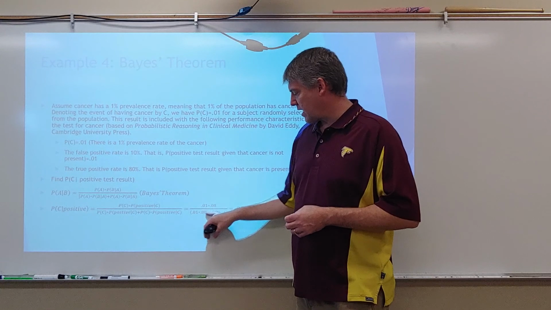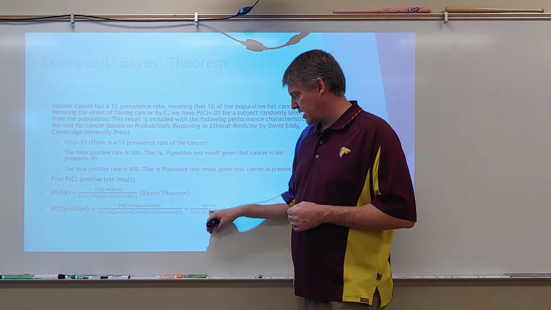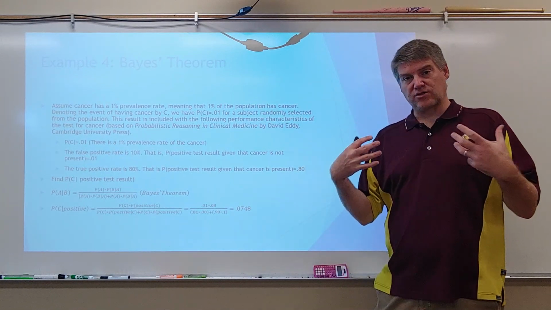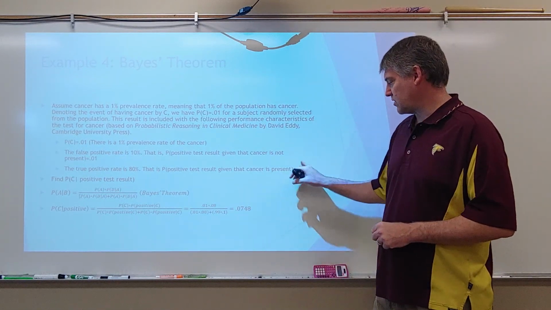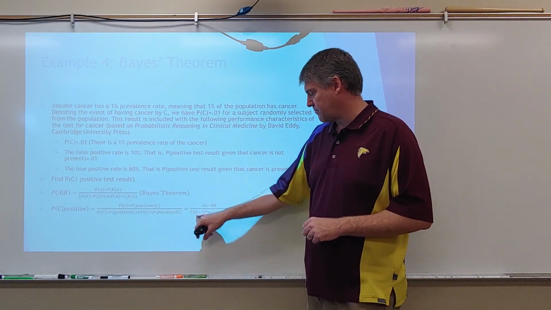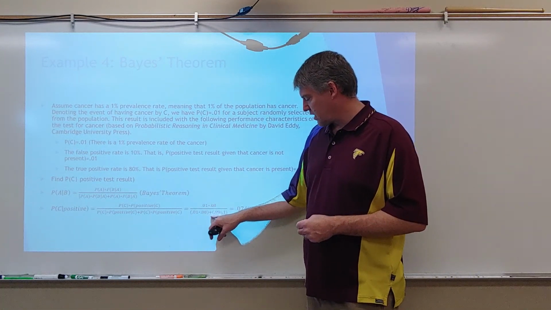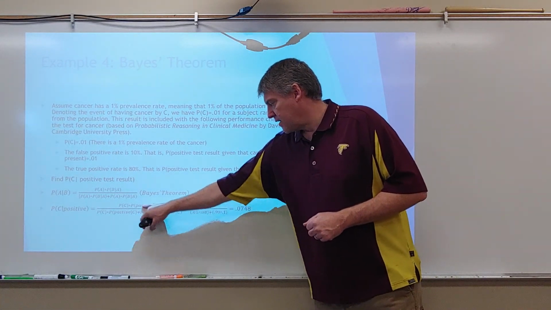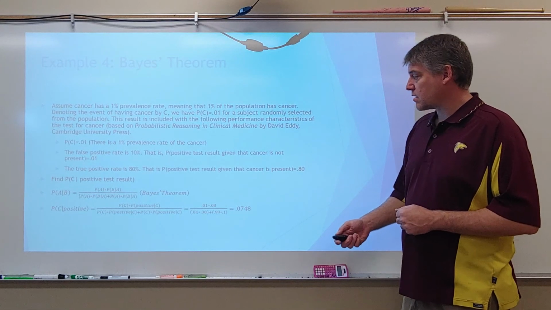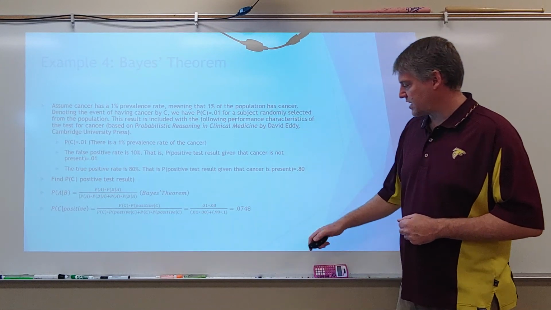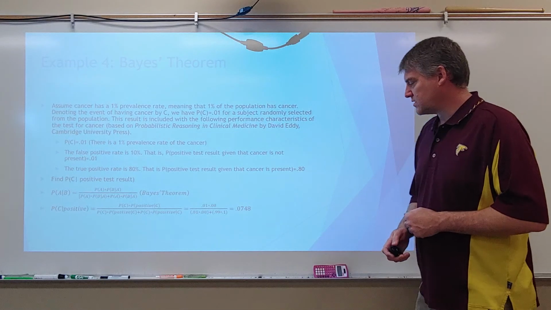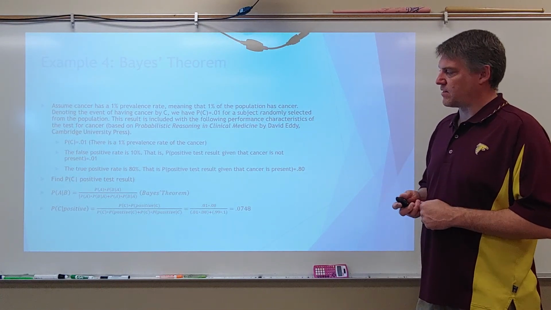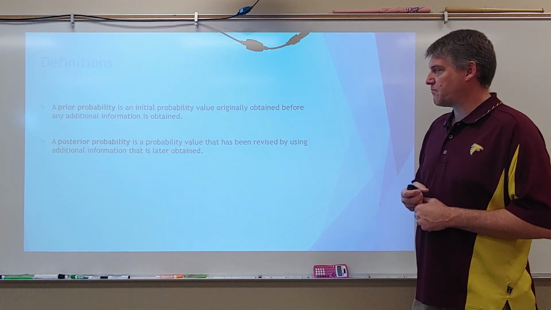I have the likelihood that cancer is present, 0.01, times, if I know they have cancer, the rate that they're going to have a positive test result, 0.80. So I have 0.01 times 0.8, plus 0.99 times 0.1, which is 10%, which gives us 0.0748. So that's the probability of cancer given a positive test.